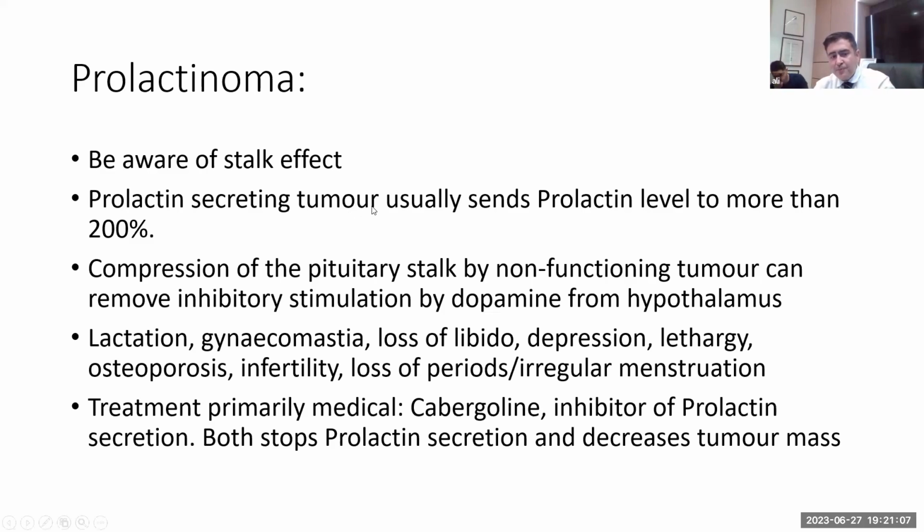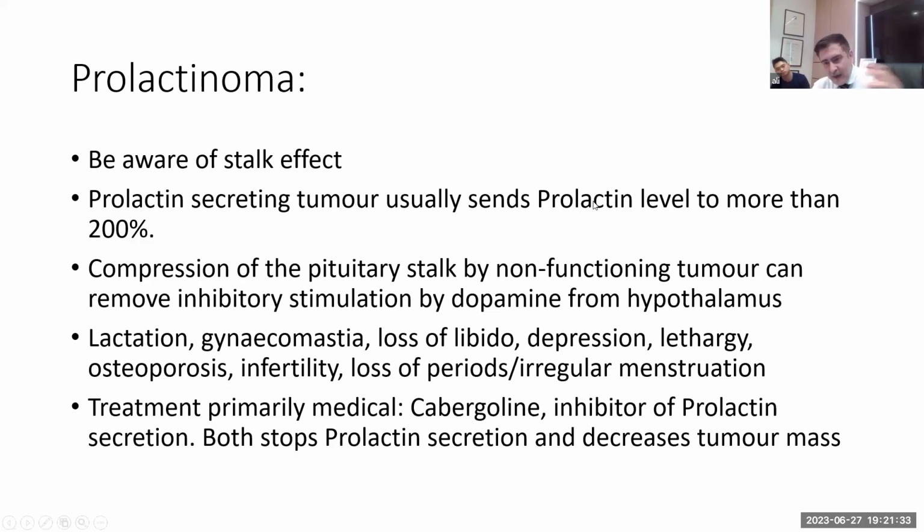If the tumor is producing prolactin, a small tumor even makes the prolactin levels jump to 1,000, 2,000, 3,000, 10,000. So if someone's prolactin in the standard units that we use in Australia, with the limit being 300 to 400 being the upper limit of normal, if someone's prolactin is 700, 600, it's not a prolactin secreting tumor.